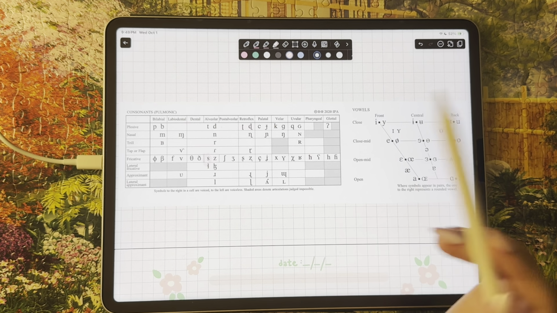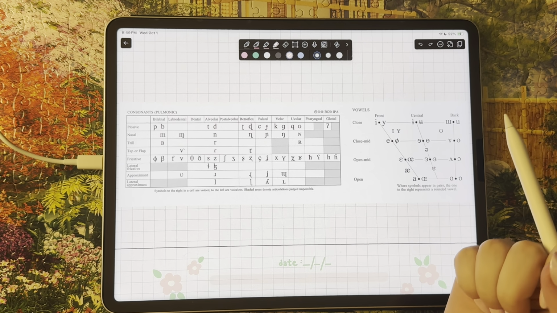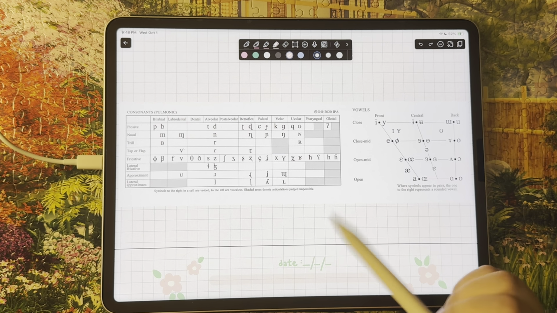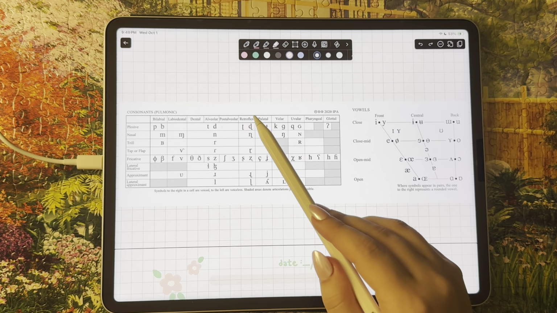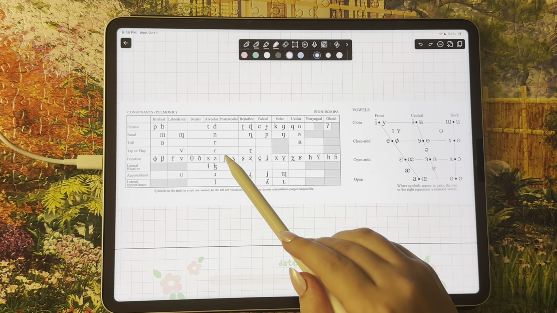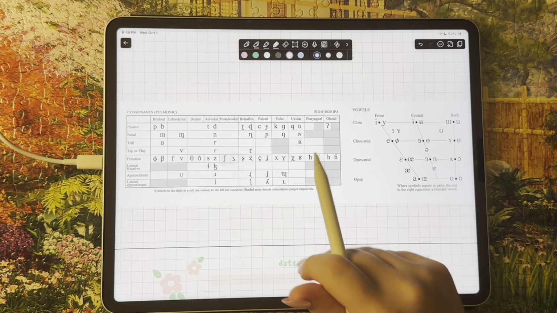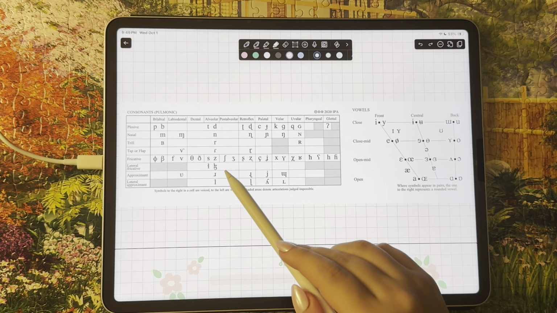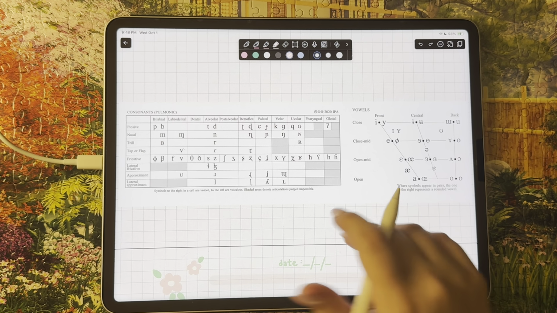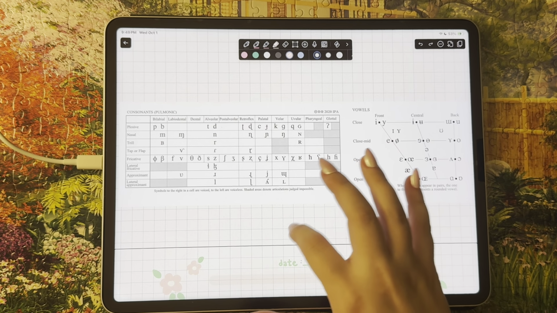Next, we have s and z. Those are pretty straightforward as well. Those are just alveolar fricatives. Then our post-alveolar fricatives are sh and zh. Sh is often written as sh.